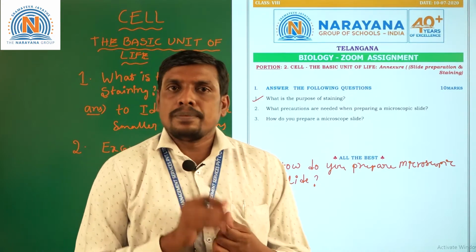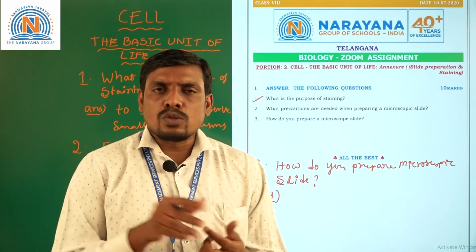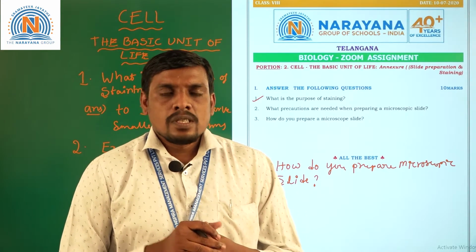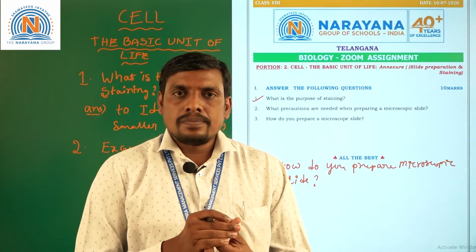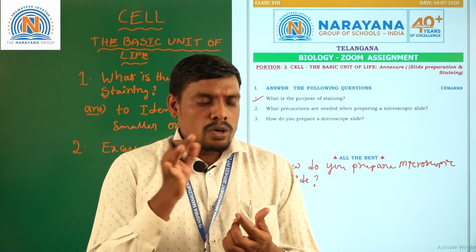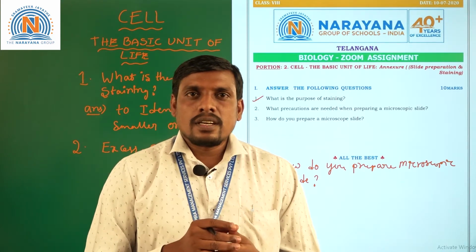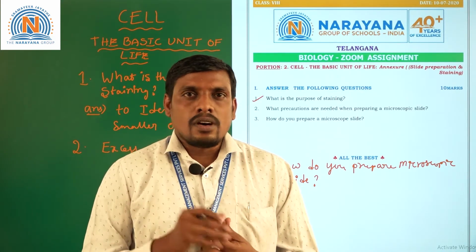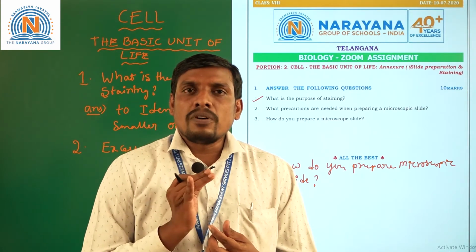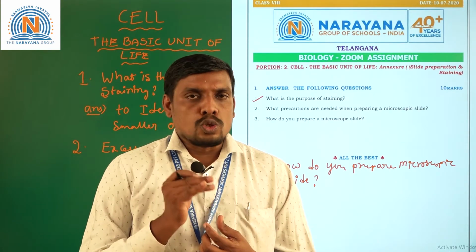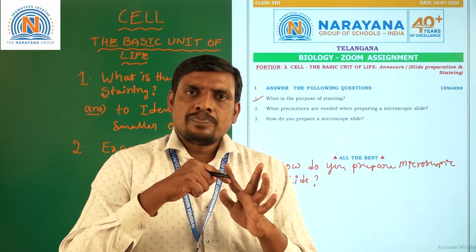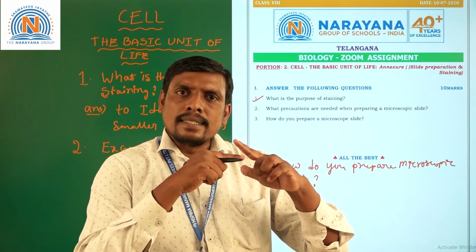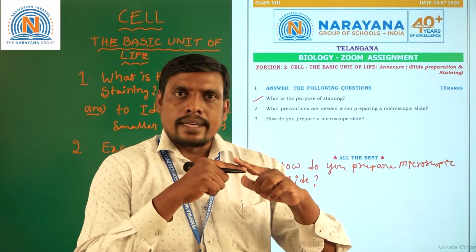First step, we have to clean the microscopic slide properly. After that, take the sample on the glass slide. After that, add one drop of water. Then add one drop of glycerin. Then add one drop of dye or color to the specimen. Finally, with the help of a needle, slowly place the cover slip on the slide.